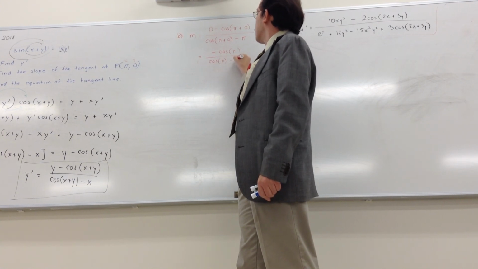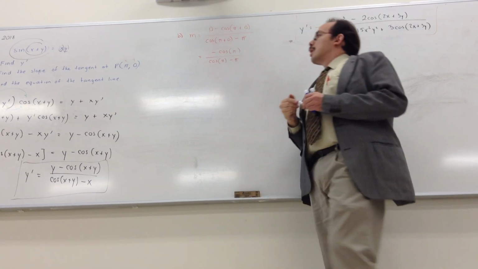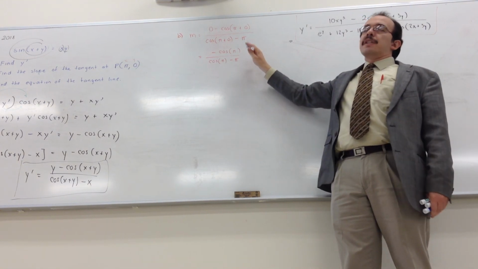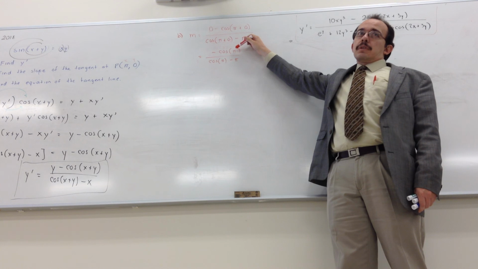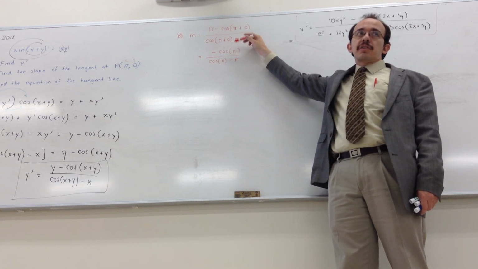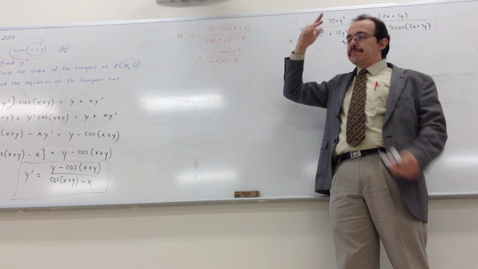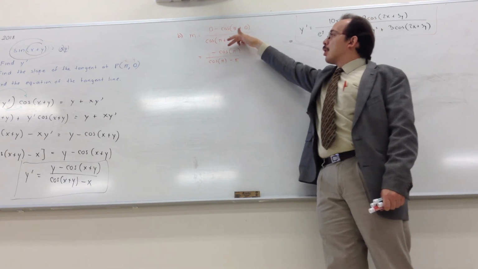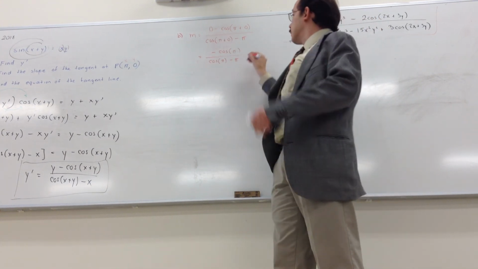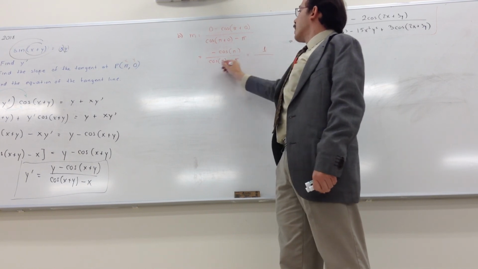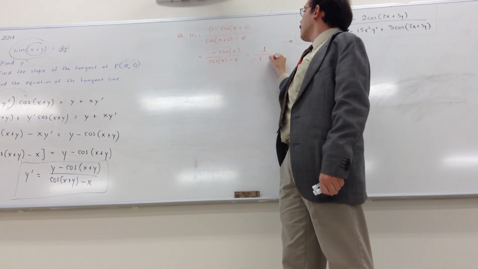It's minus 1. Cosine of pi is negative 1. Why? Because of the triangle, because of the unit circle, whatever. Cosine of pi is minus 1. Times minus is 1. Over cosine of pi is minus 1 minus pi.